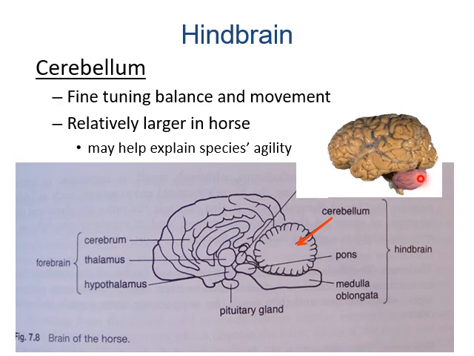So the cerebellum, fine-tuning of balance and movement, is relatively large in a horse. Somebody wiser than I suggests that's maybe why a horse is so agile and can do so many different things with its legs and its feet and its balance. It needs that extra ability there in the cerebellum, in the hindbrain.